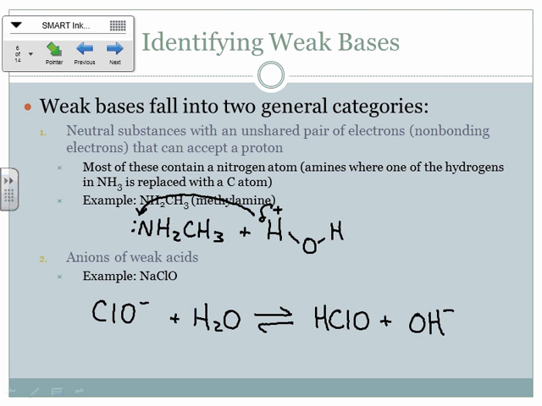Does that make sense? Those are kind of the two big things that you're looking for when you're looking for weak bases. You want to look for either nitrogens, or you want to look for negatively charged compounds.